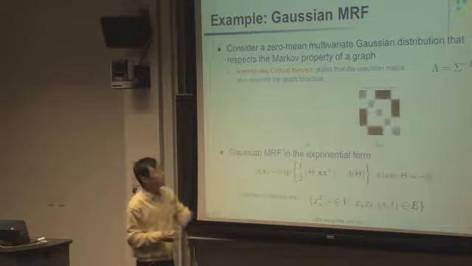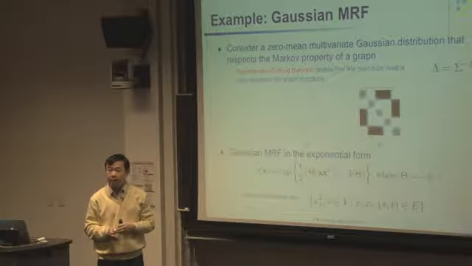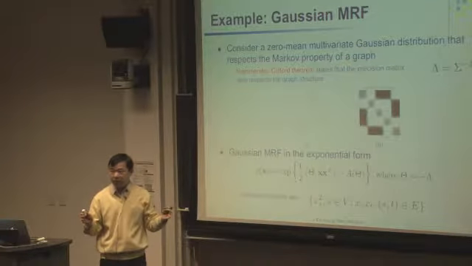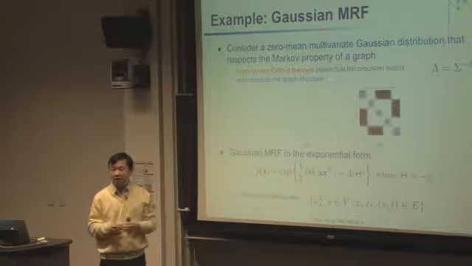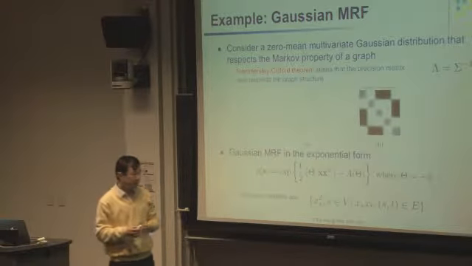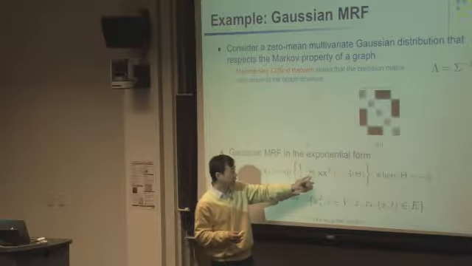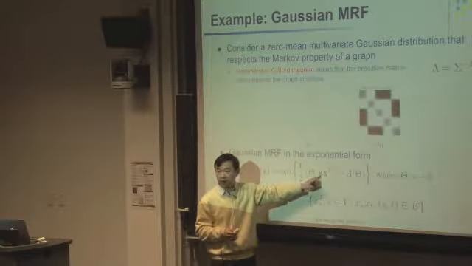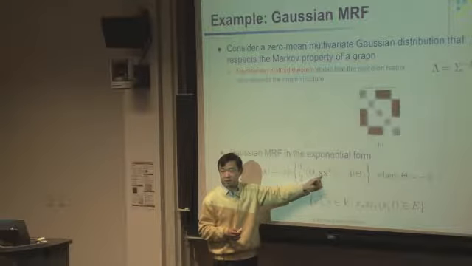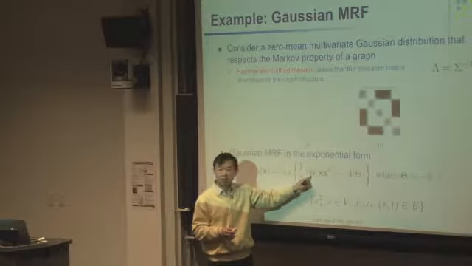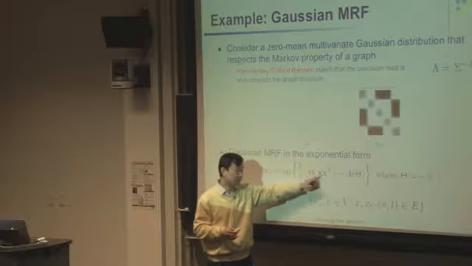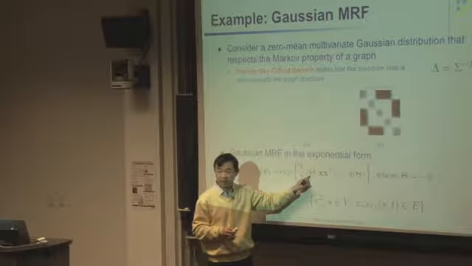We know that a Gaussian MRF, the Gaussian Markov random field or Gaussian graphical model, is a member of the exponential family distribution. Just by realizing this, you have now a quadratic term of the sufficient statistic, and this is the coefficient matrix, right?